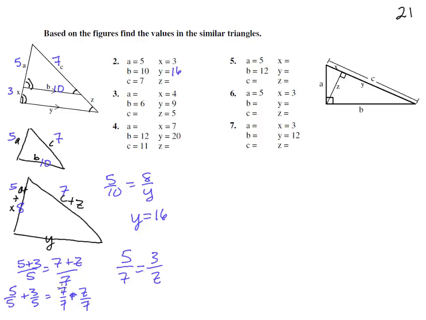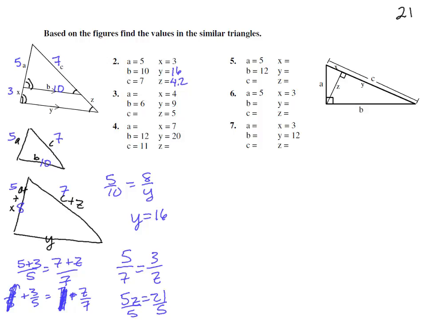And these 1's will subtract off when we get 3 is to 5 as Z is to 7, or do the proportions the other way around. So we're able to get this proportion through parallel lines. So we get 5Z equals 21, and divide by 5, and we get Z is 21/5 or 4.2.